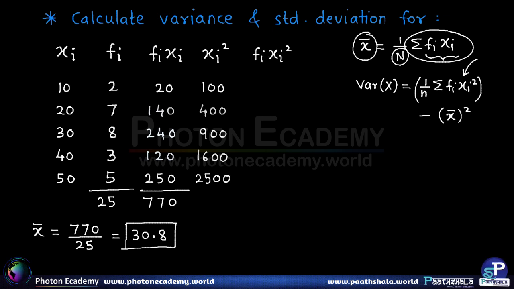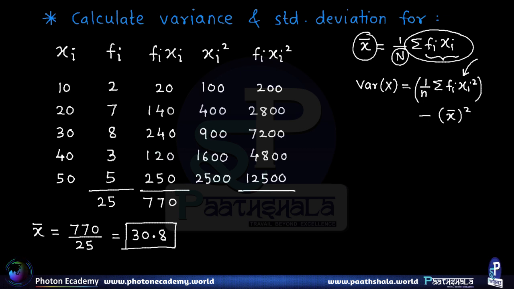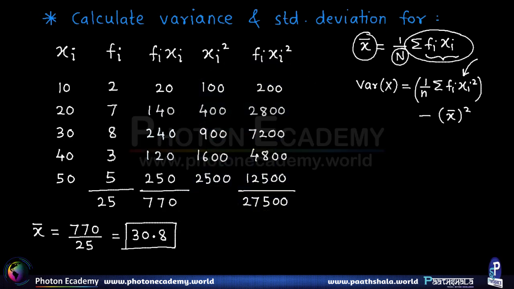So let us multiply the fi and xi square columns. 100 into 2 gives us 200, then 2800, 7200, 4800 and 12,500. Yes, this is the one which we have to sum up. On summing up we get 27,500, right?